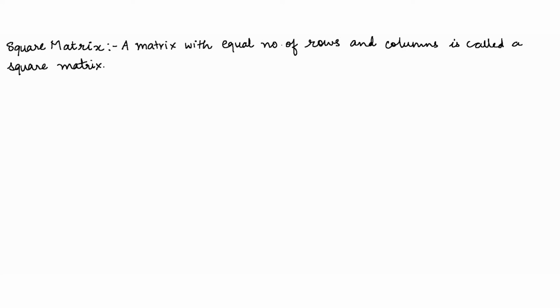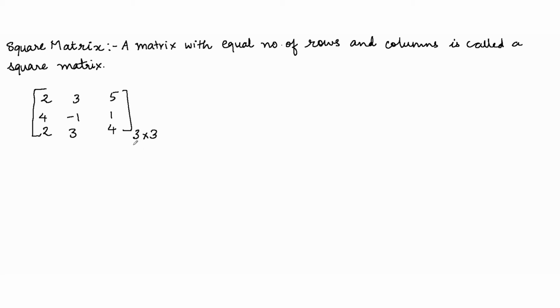So we defined the square matrix as that matrix with equal number of rows and columns. So let's write a few square matrices. This is a square matrix of order 3 by 3.